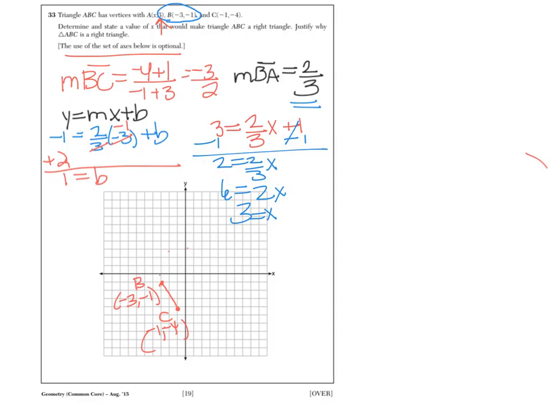So the coordinate is 3, 3. So the value of x is 3.